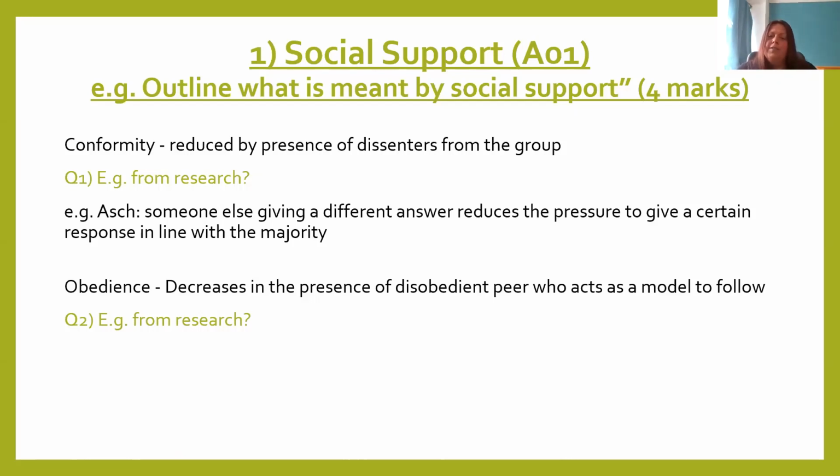But what about if someone else along the line gives a different answer? Well, this also, we saw, reduces the pressure for our true participant to give the wrong answer and encourages them to give the correct answer. So having someone else that goes against the group and against that group norm encourages us to also do what we would rather do.